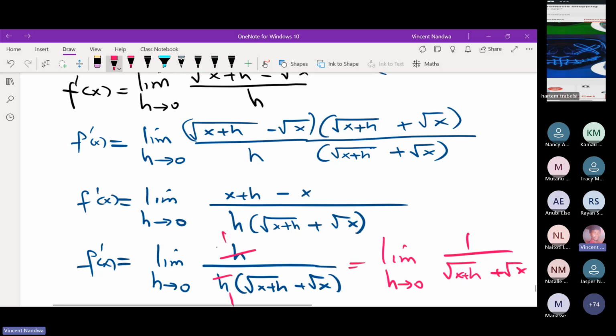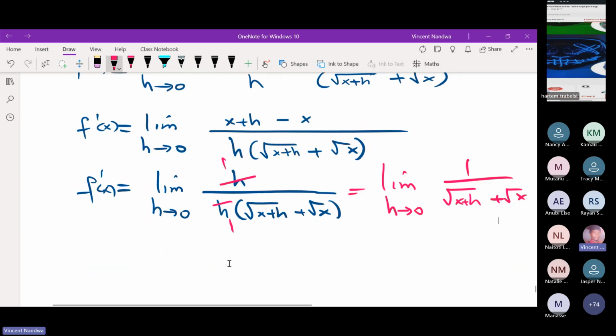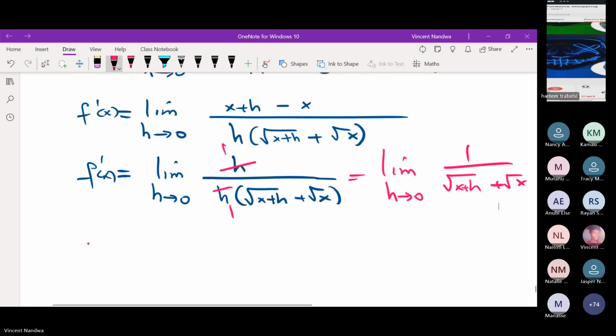So now when you directly substitute, when you put 0 for h, the first part will be the square root of x, because x plus 0 is x, then plus the square root of x.